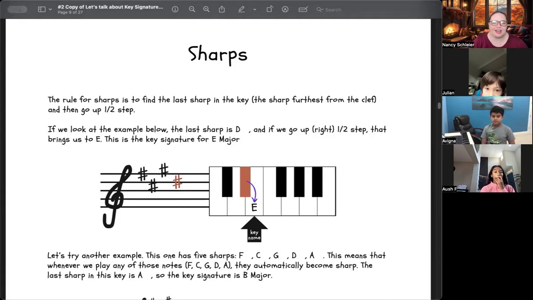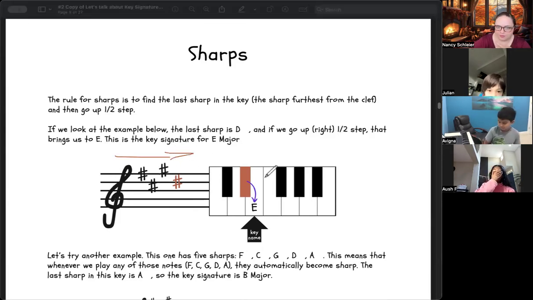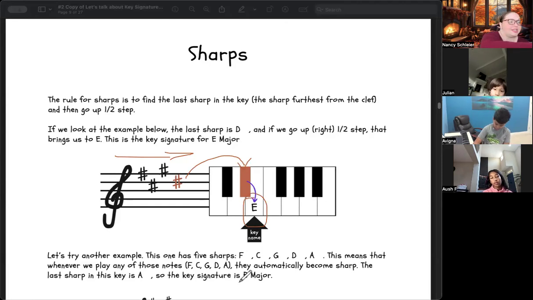I can give you a little trick that I use when I'm trying to figure out which rule I have to follow. For sharps, I go to the last sharp, then I go over to the keyboard and go up a half step, and this is our key name. So there's an extra step for sharps that is not there with flats. Does that make sense?